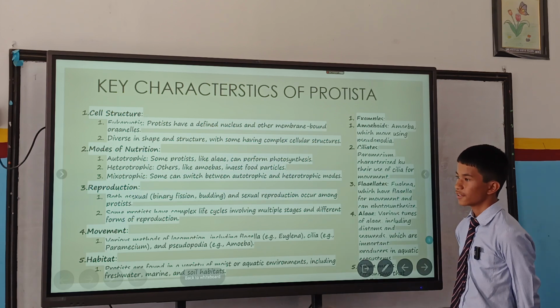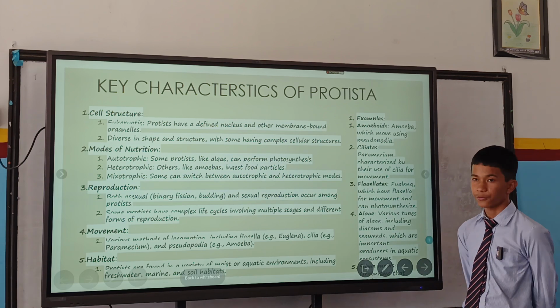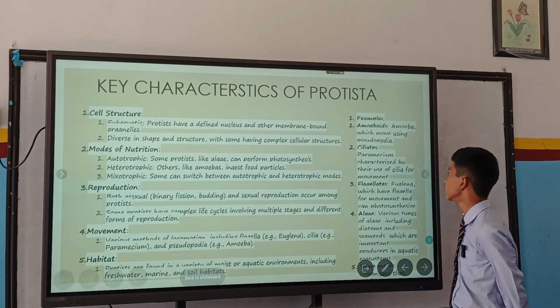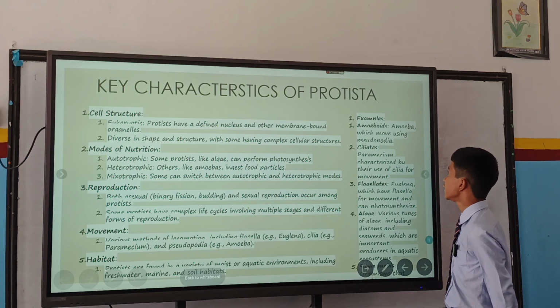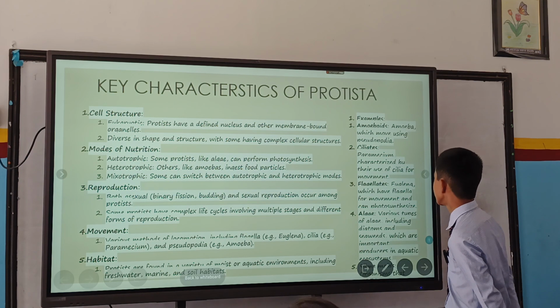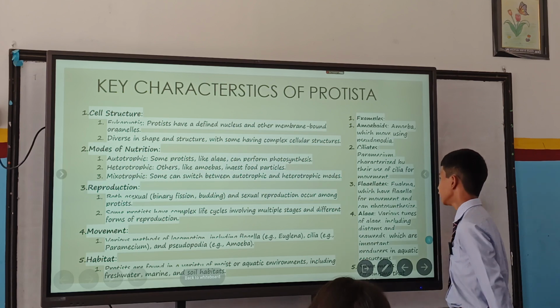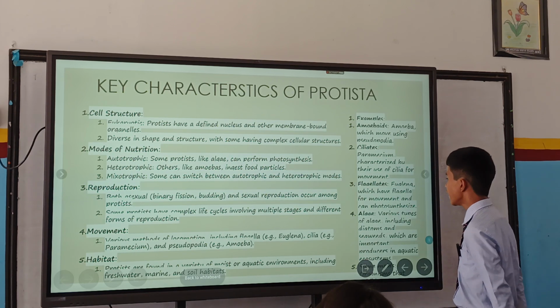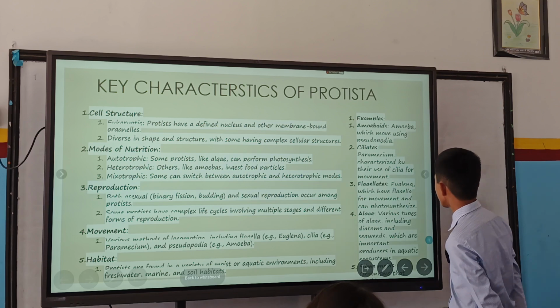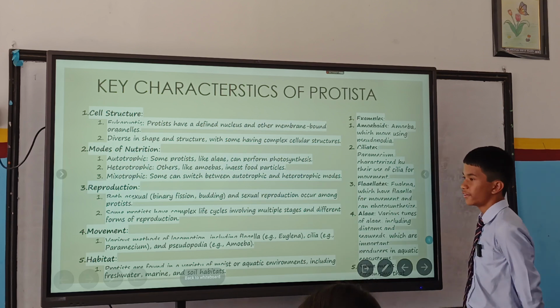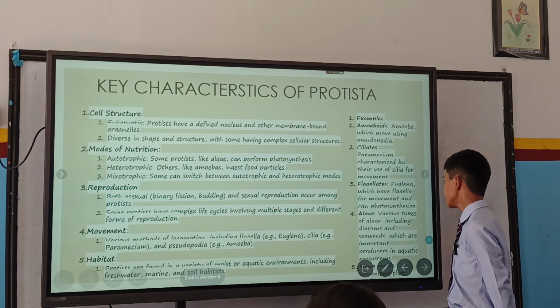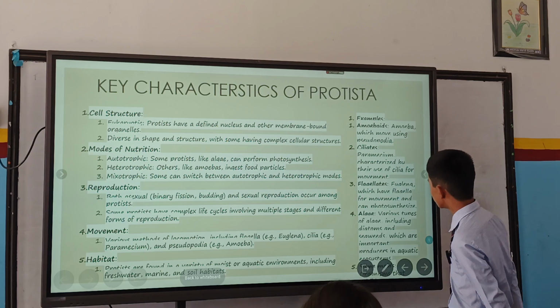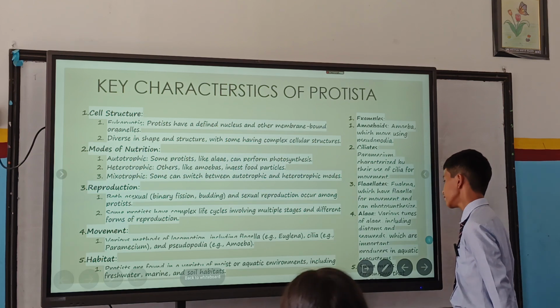Cilia are string-like structures that help ciliates move. Flagellates have flagella for movement and can photosynthesize. They have two different abilities, locomotion and photosynthesis.